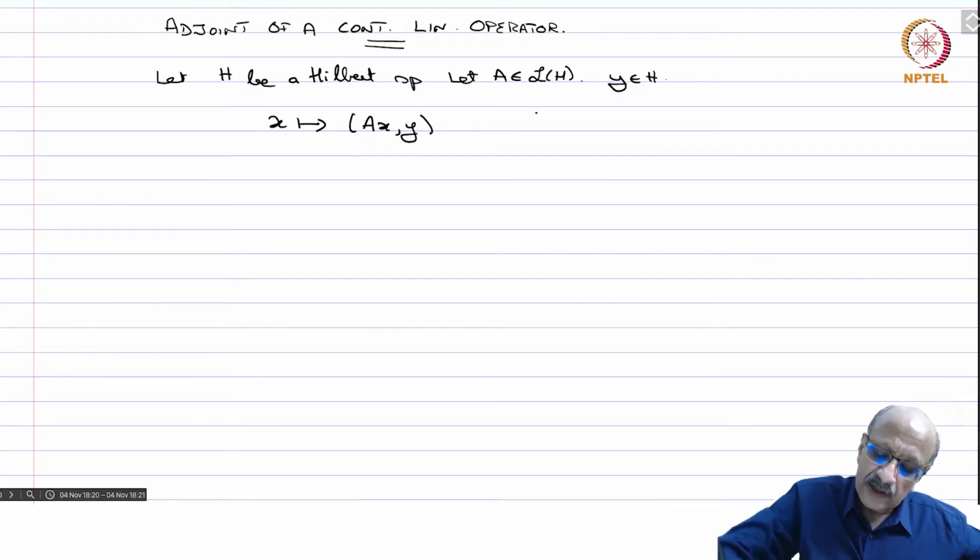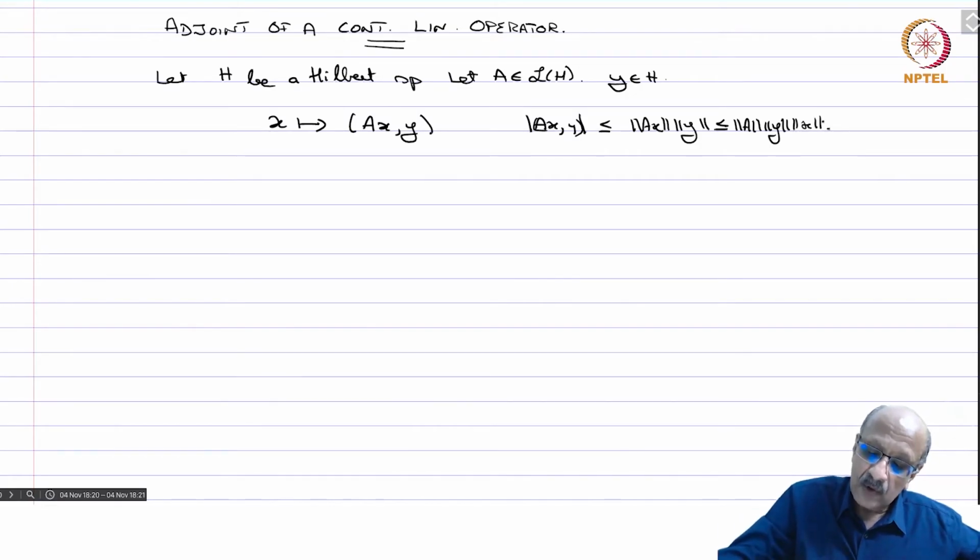This is a continuous linear functional because |(Ax, y)| is less than or equal to norm Ax times norm y by the Cauchy-Schwarz inequality, which is of course less than or equal to norm A times norm y times norm x. So this is less than some constant times norm x, and therefore this is a continuous linear functional.